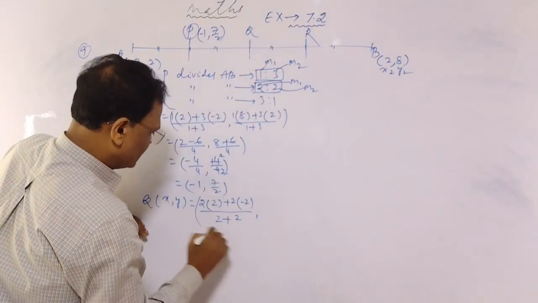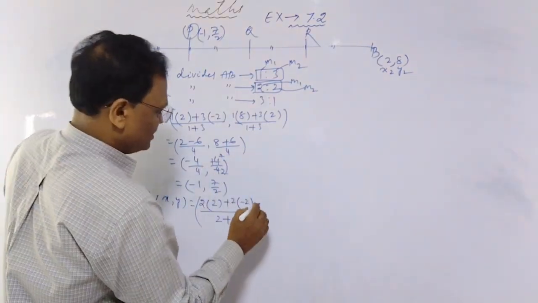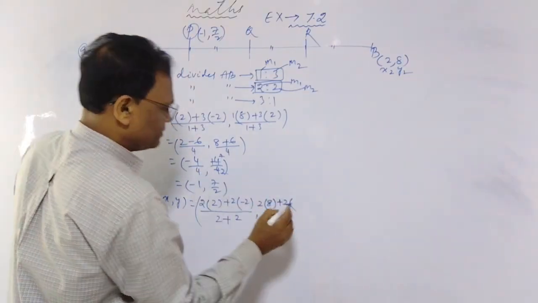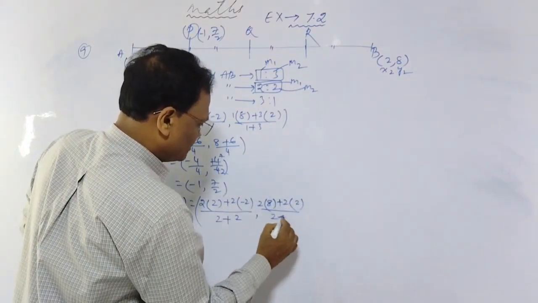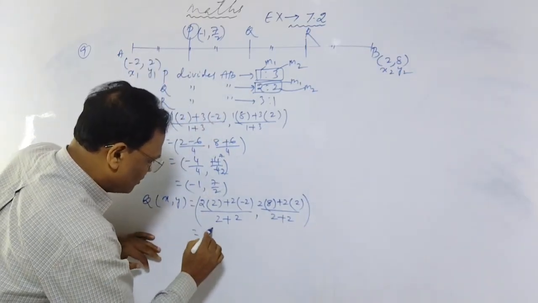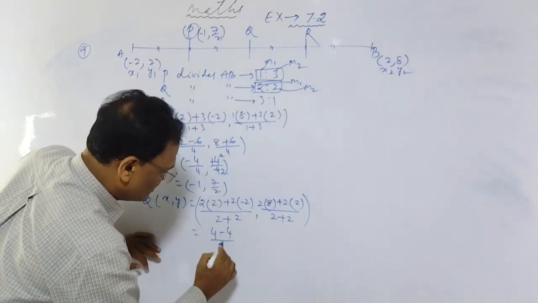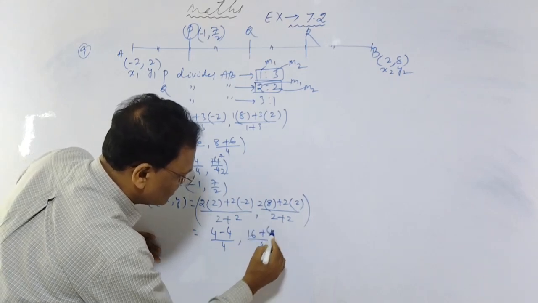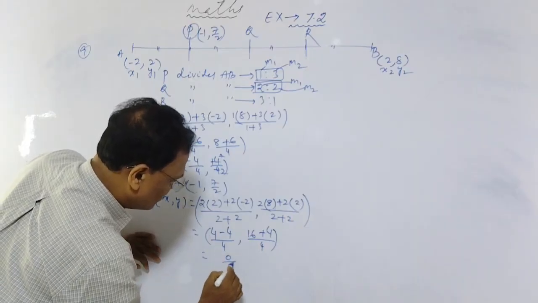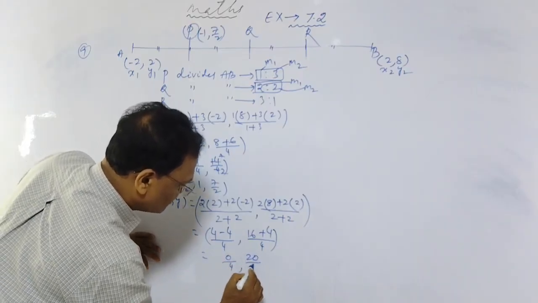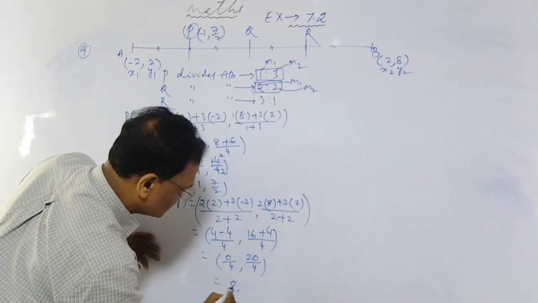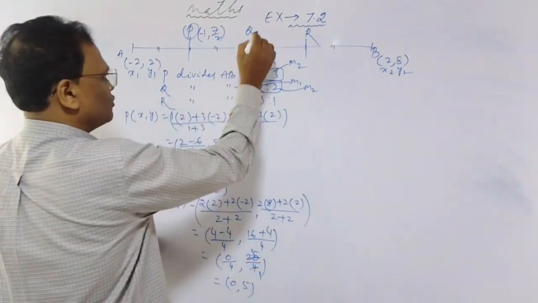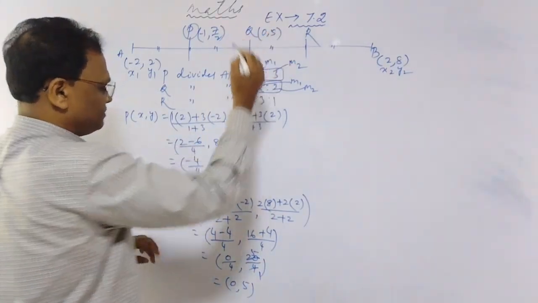Again m1 y2 plus m2 y1 divided by m1 plus m2. 2 2s are 4, 4 minus 4 by 4; 2 8s are 16, 2 2s are 4, by 4. So this becomes 0 by 4 and this is 20 by 4. If I do the cancellation, finally I get the coordinates of Q as (0, 5).